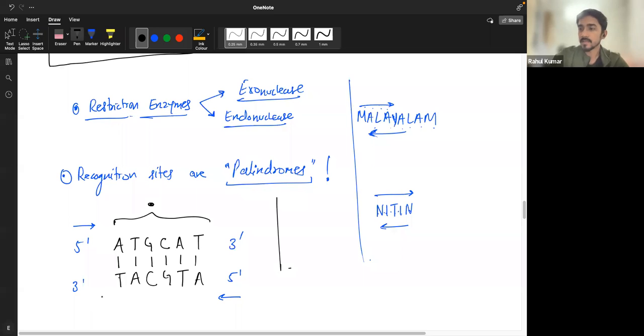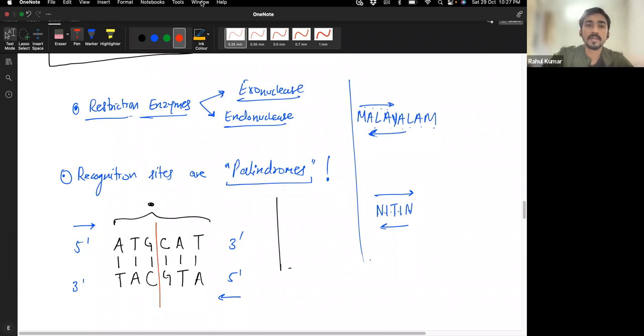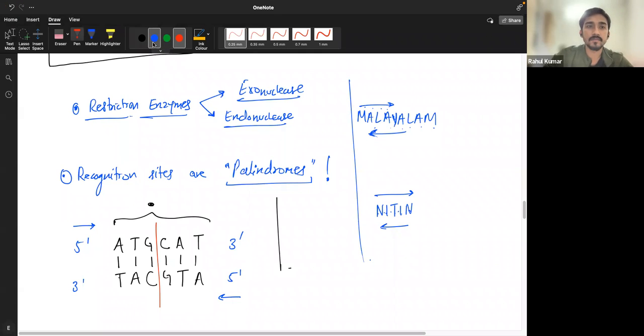And when they cut, they always leave sticky ends. Restriction enzymes do not cut clean. What if they cut like this? It's a clean cut, right? If you make a clean cut, then you are not leaving a sticky end, because one of the benefits of using restriction enzymes is they leave a sticky end so that you can stick the cut sequence somewhere else.